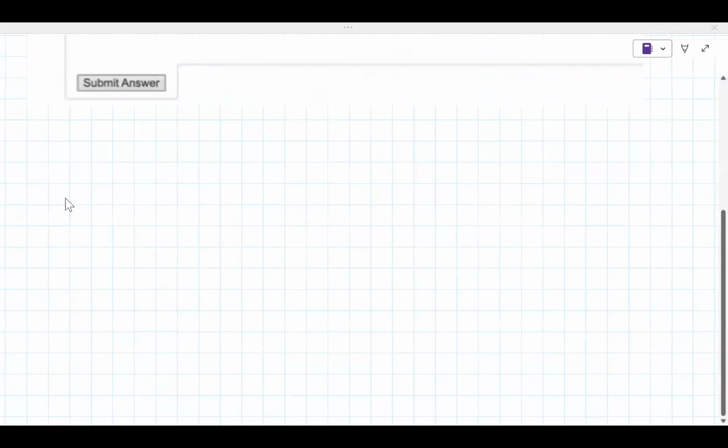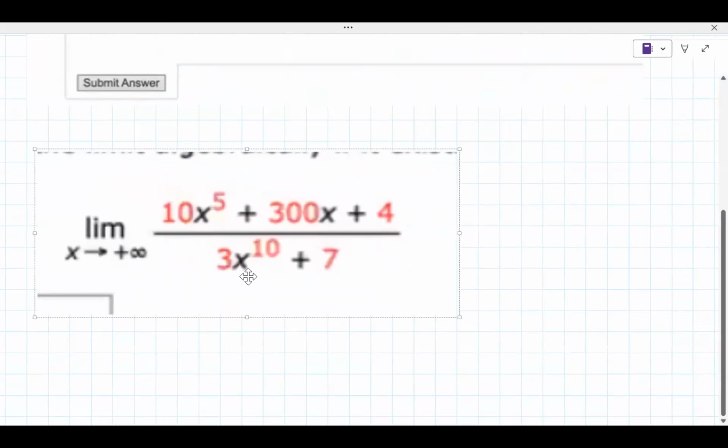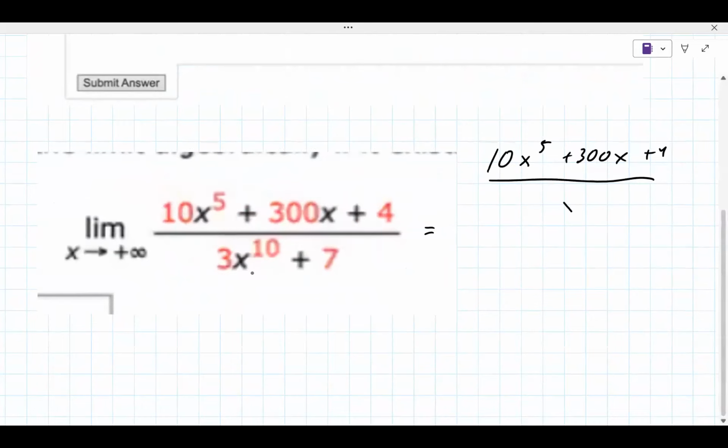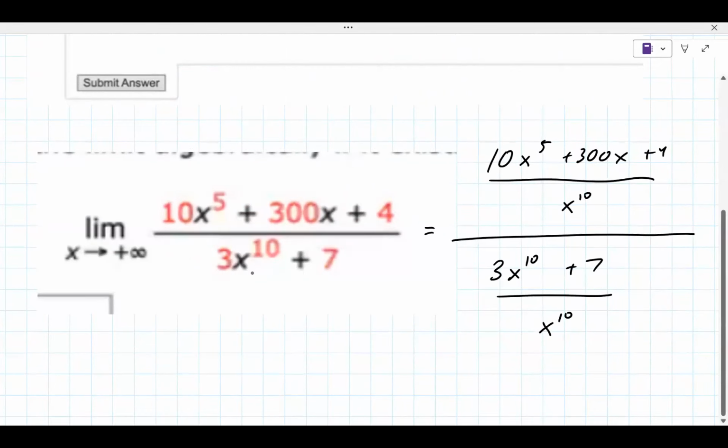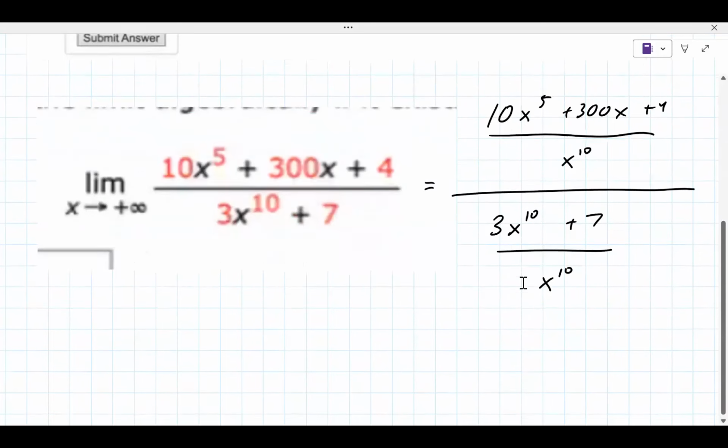you identify the highest degree power, which is x to the 10, and you divide everything, top and bottom, by the highest degree power, like that. All right, so this is where your prerequisite courses come into play.